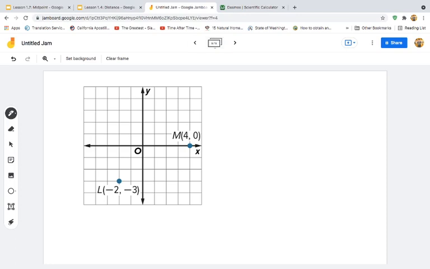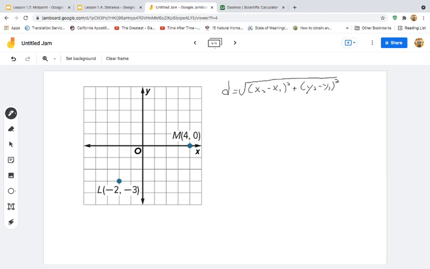So we know the distance formula: d equals the square root of x2 minus x1 all squared plus y2 minus y1 all squared. Okay. Now, once again, I highly recommend you label your points so you don't mix things up.